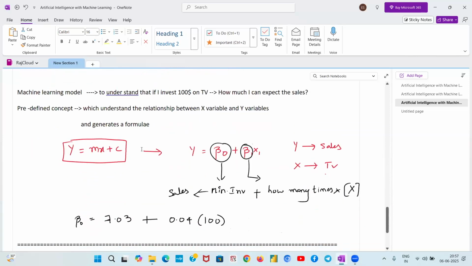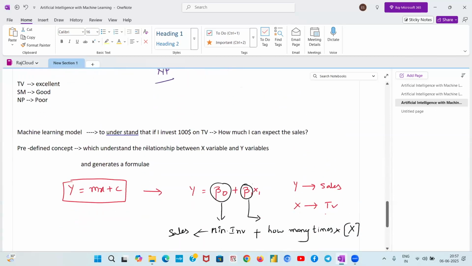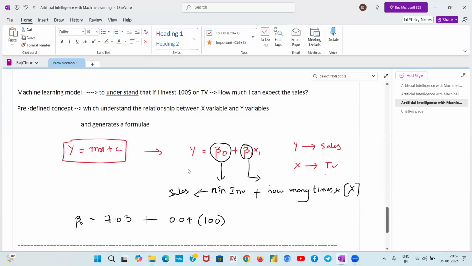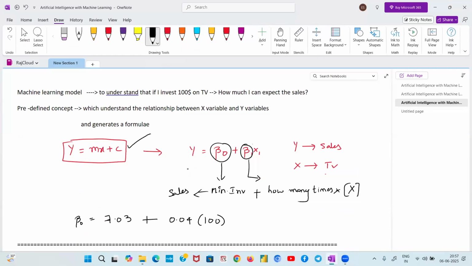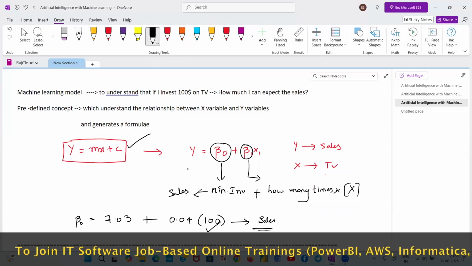So what we have done is identify how much of TV's contribution is done and how much of social media's contribution is done. On that basis, we developed a machine learning model. So we call it what? A machine learning model. And we identified that if my client is investing $100, how much of sales he can expect, through estimations and calculations.